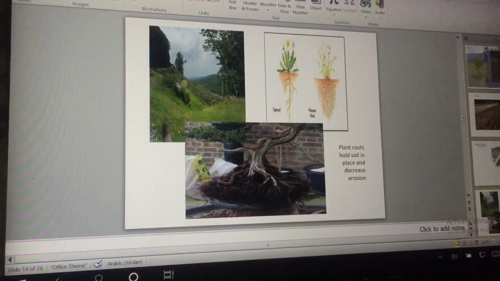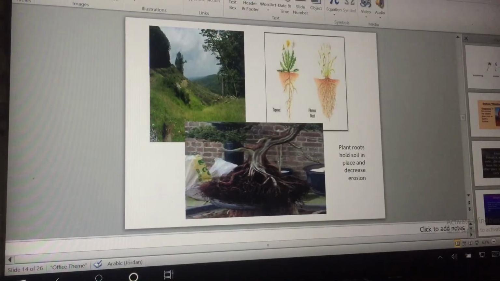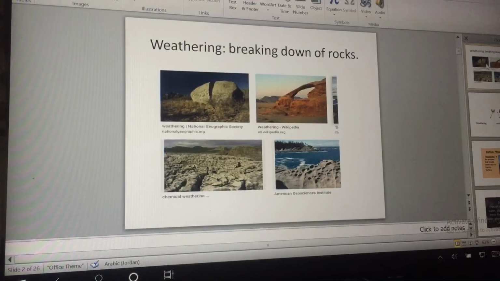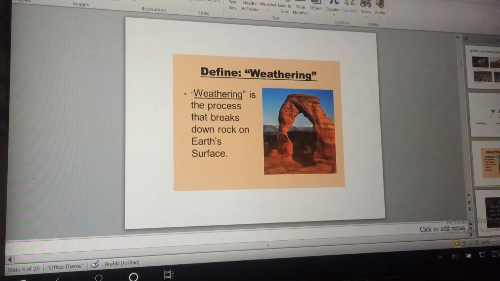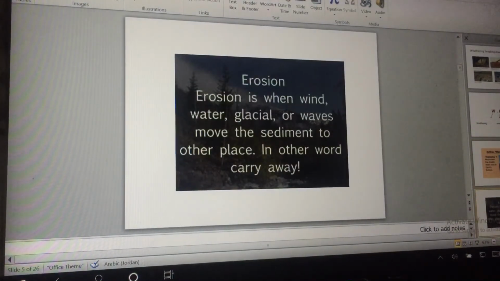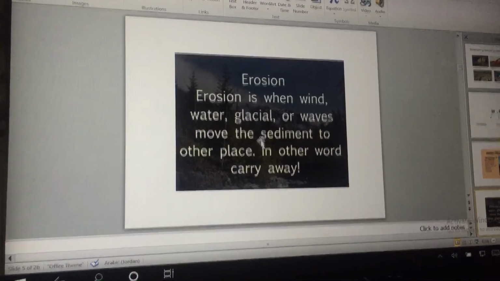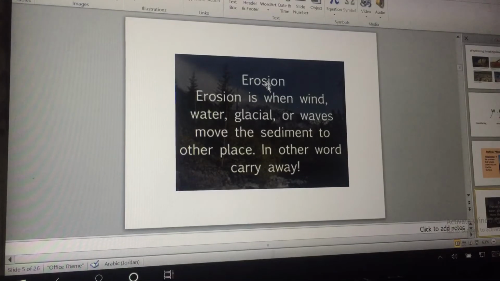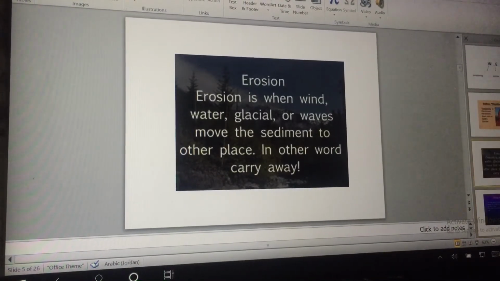Now we go up here. Look, weathering is the breaking down of rocks. You have some pictures. Erosion comes after weathering. Erosion by wind, water, glacier, or waves can move sediments. So erosion is the movement of sediments from a place.